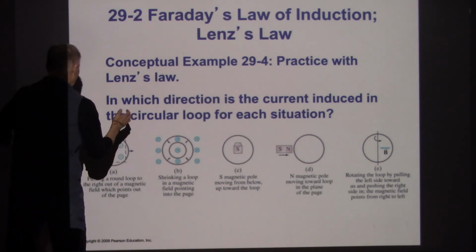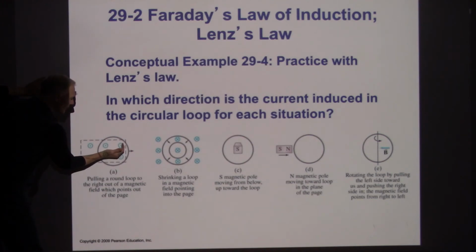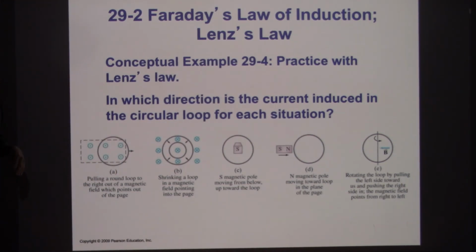So I can put my right thumb in the direction of the area vector, and the fingers on my right hand will say that that's the direction of the EMF. Now that's using Faraday's law. Faraday's law didn't tell us exactly where the forces are coming from.